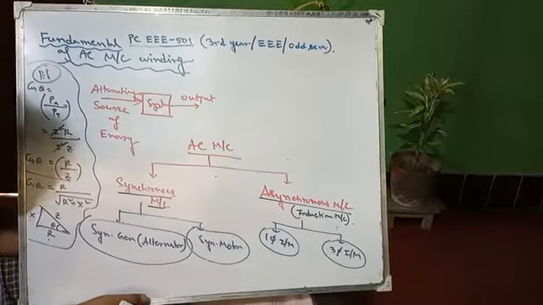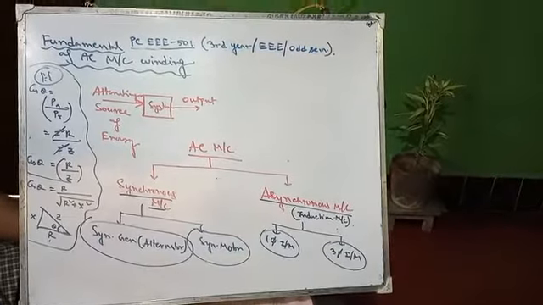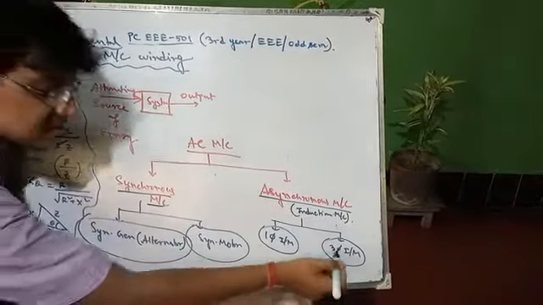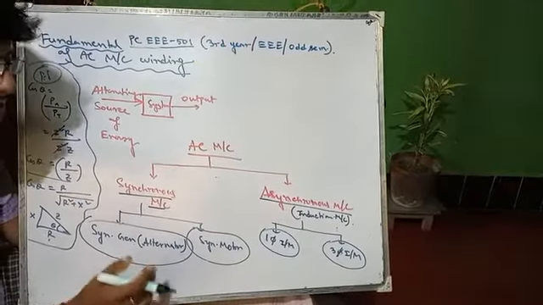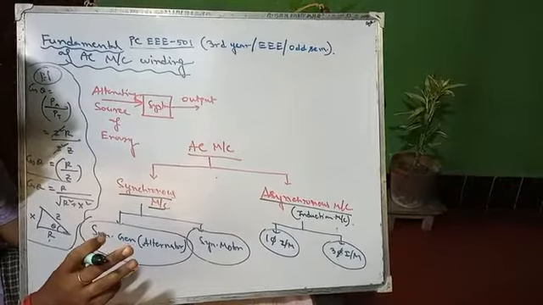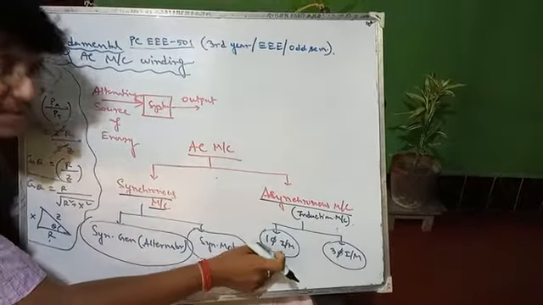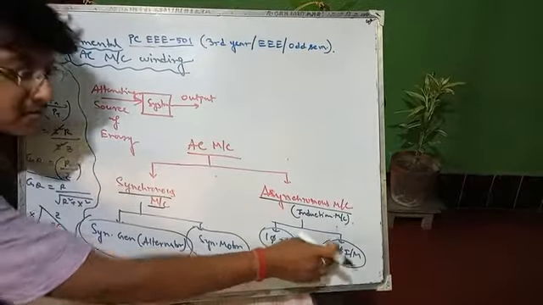Next is the asynchronous machine, which means the single phase induction motor. The three phase induction motor and single phase induction motor have the same operating principle, but in the single phase the energy conversion is smaller compared to the three phase induction motor.